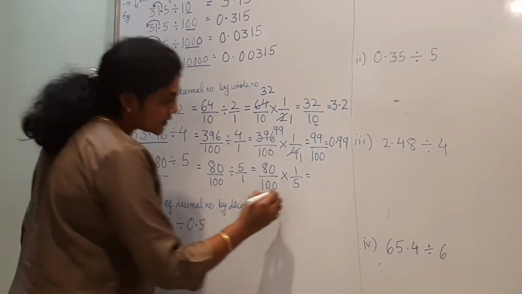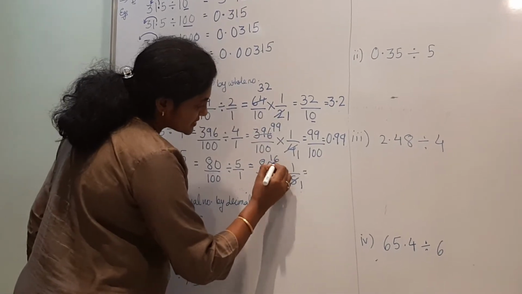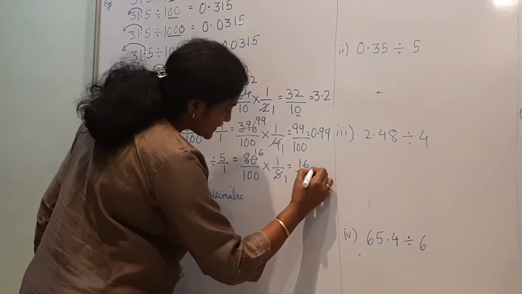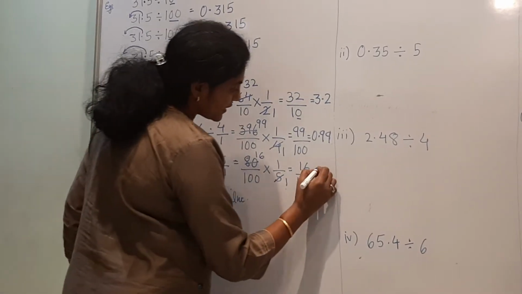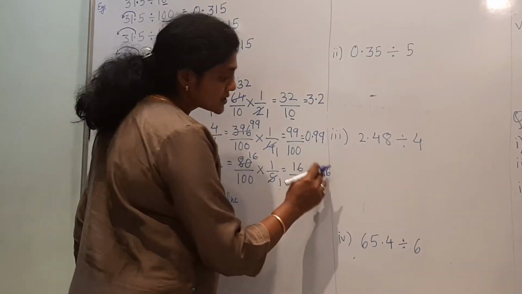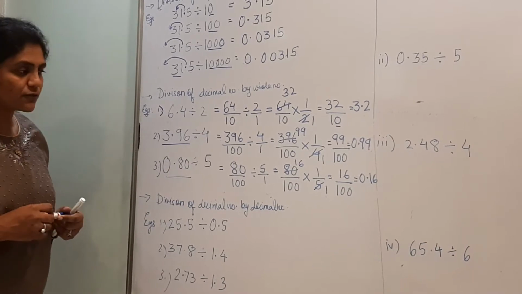So it goes by 5, 16. So 16 by 100 is 0.16. Two digits, two zeros, so the point will be before two digits.